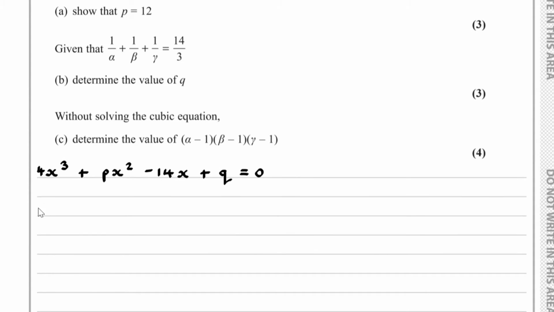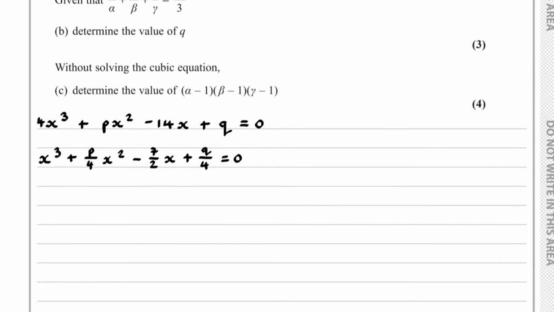And if I divide through by 4, that would imply x cubed plus p over 4 x squared minus 14 over 4, which is the same as 7 over 2 x plus q over 4 is equal to 0.